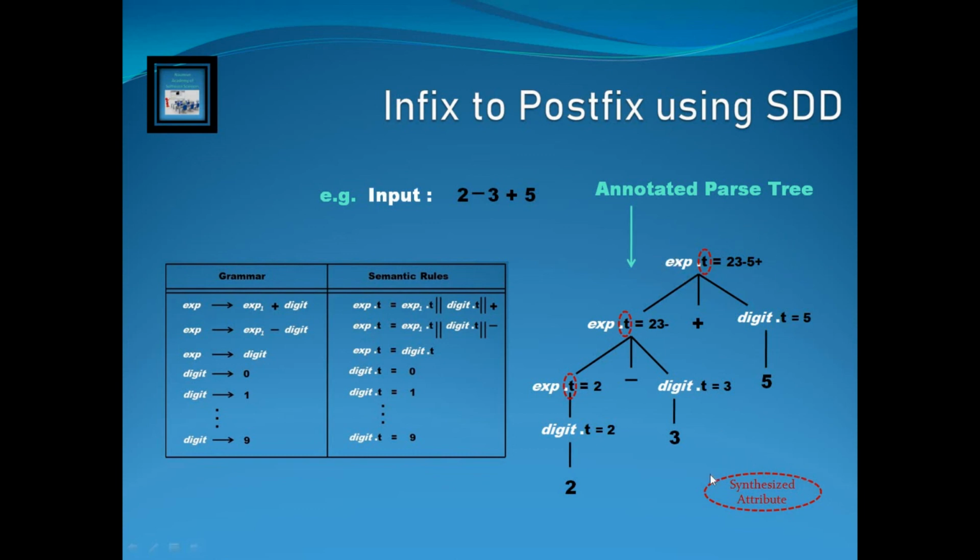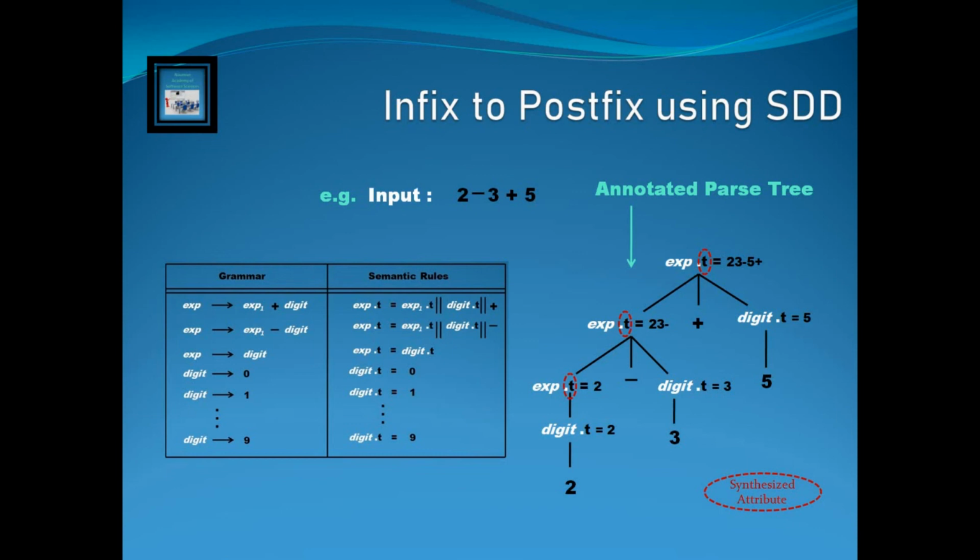Here you can judge this t, this t, and this t. These are synthesized attributes because their values cannot be computed unless you compute the values of their children. This is the concept of applying a syntax directed definition to get some output from an input.